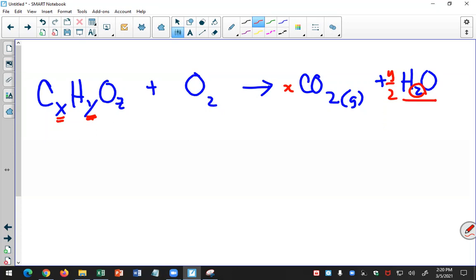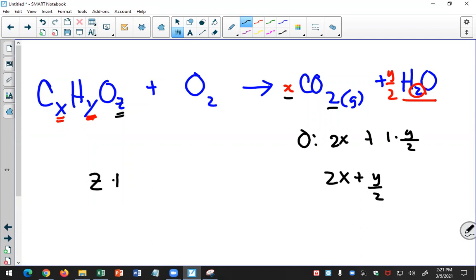How many oxygens do I have on the right now? I have 2x from the carbon dioxide, plus how many oxygens from the water? 1 times y over 2, right? So my oxygen on the right is 2x plus y over 2. How many oxygens do I have on the left?